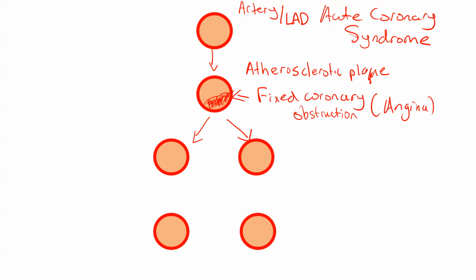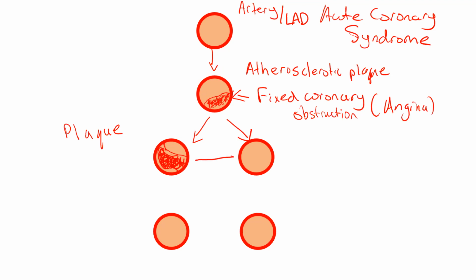The plaque ruptures. What mainly happens is once this plaque ruptures, it's going to cause what's known as a thrombus. So it's going to either partially or completely occlude the coronary artery.